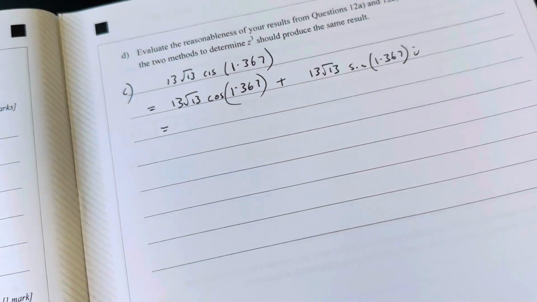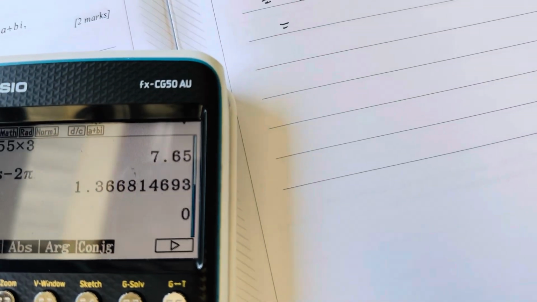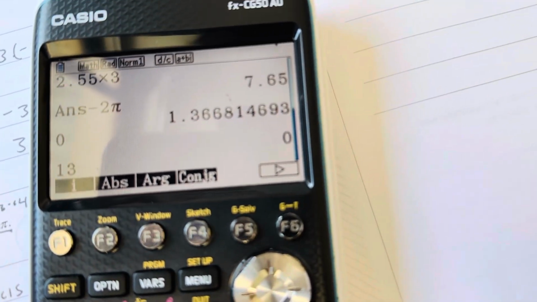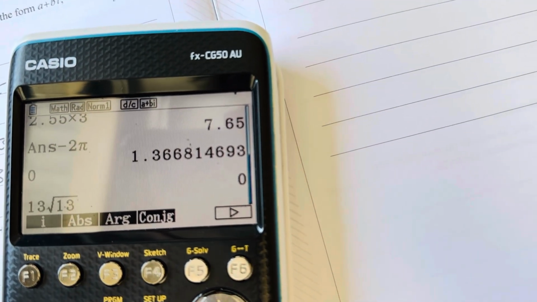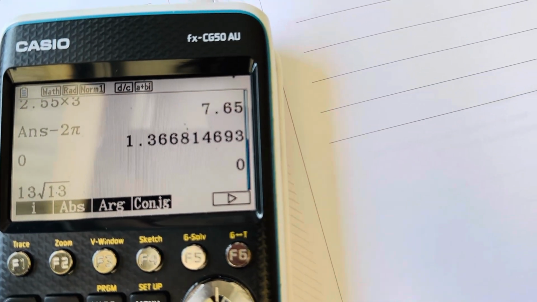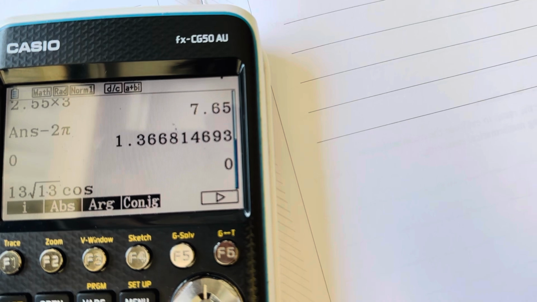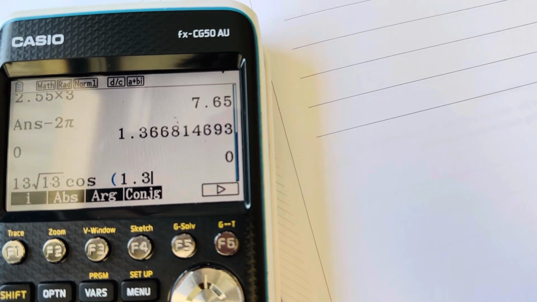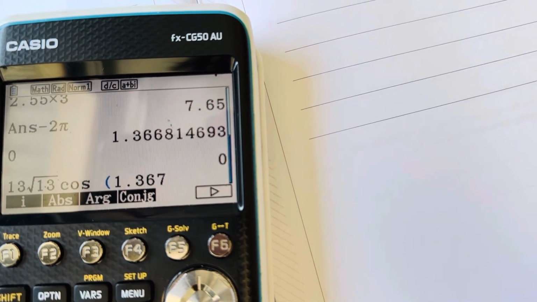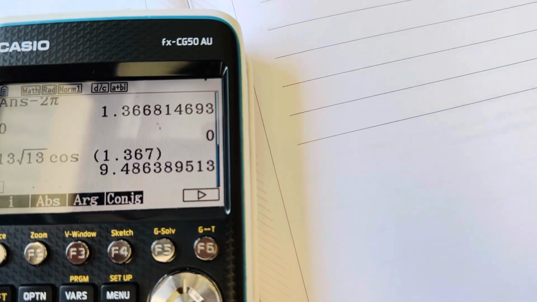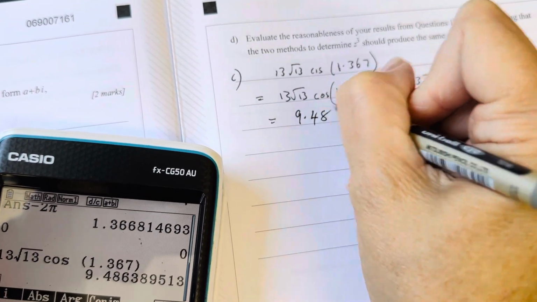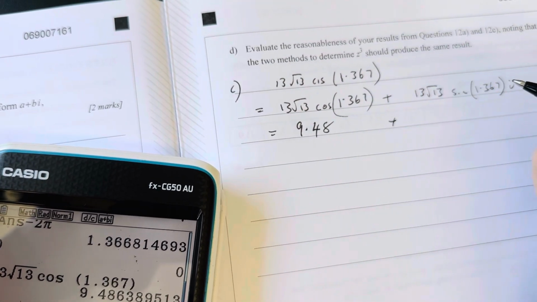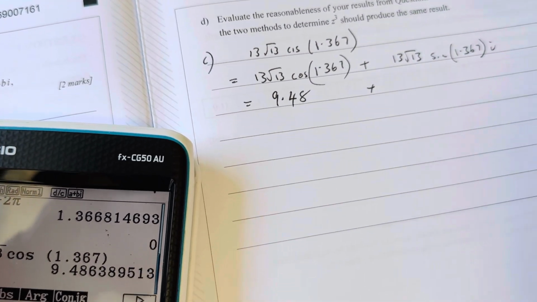Let me go to my trusty calculator. 13 shift root 13 cos 1.367, I get 9.48 plus, or 49, depending where you want to go.